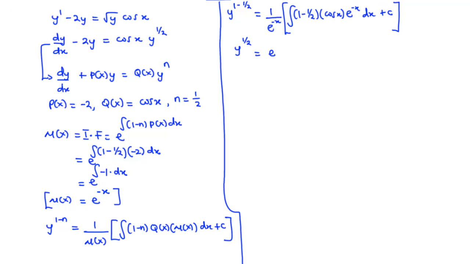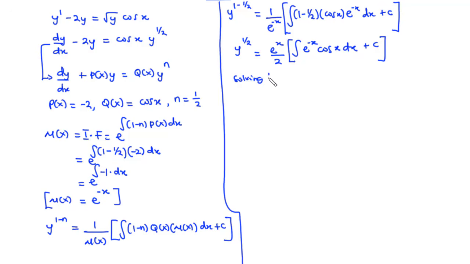So we are going to have e to the power x divided by 2 times the integral of e to the power negative x cos x dx plus c. Now let's pull out this integral and solve that. After that, we are going to substitute that into this expression.